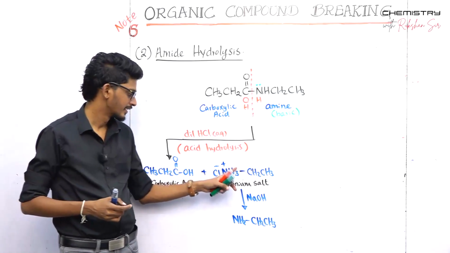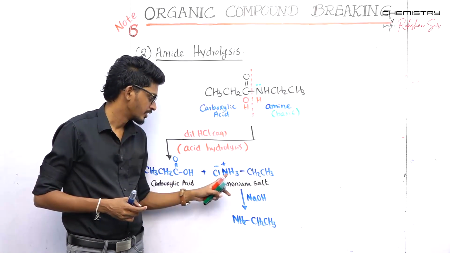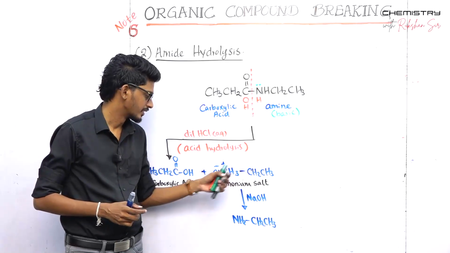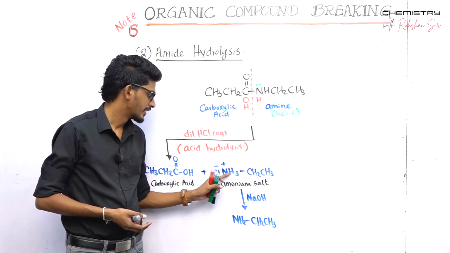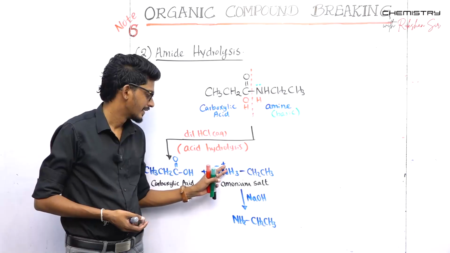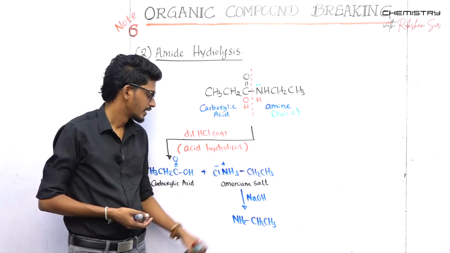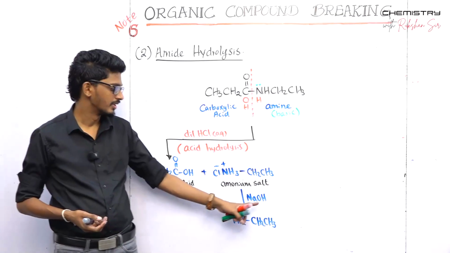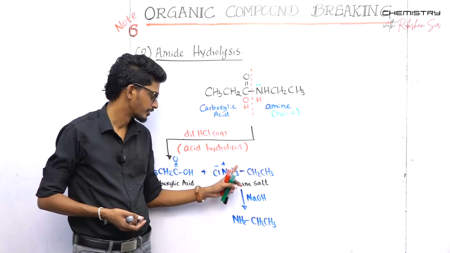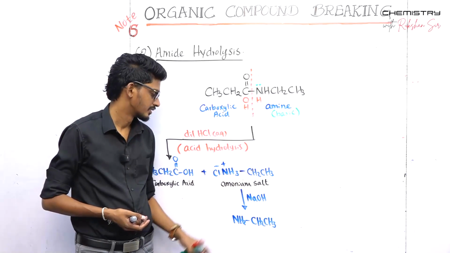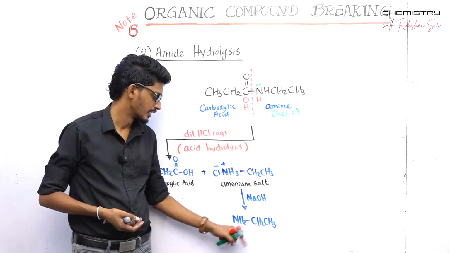Just add some base, and the ammonium salt will convert back. The H+ gained by the RNH2 will be taken by the NaOH. The NaOH, as it's a base, will attack the H+ of this and take it, leaving the RNH2 like this.